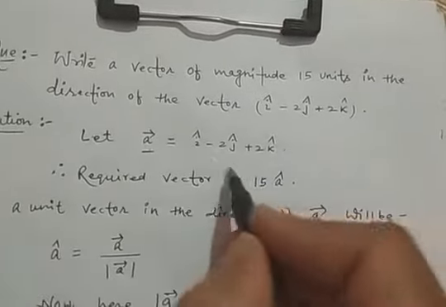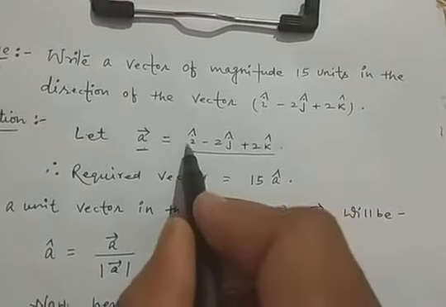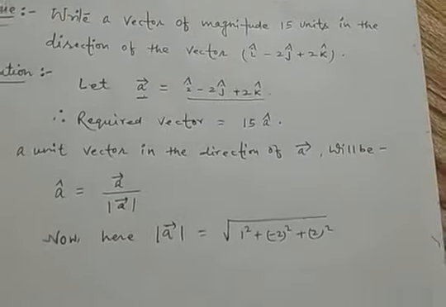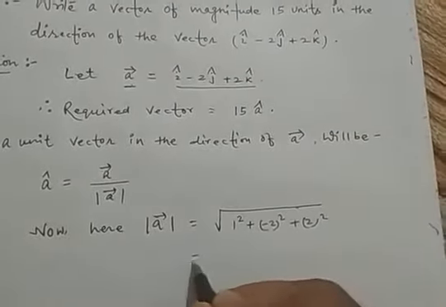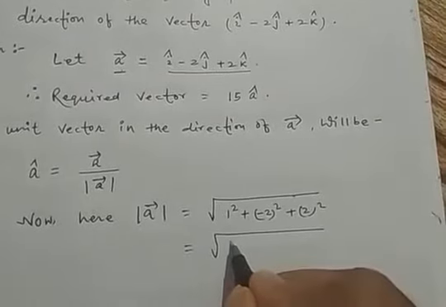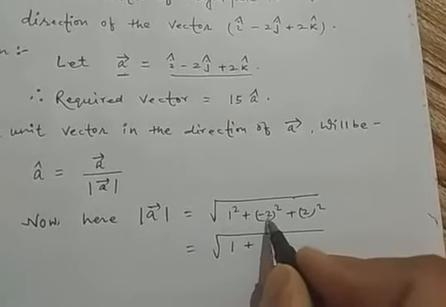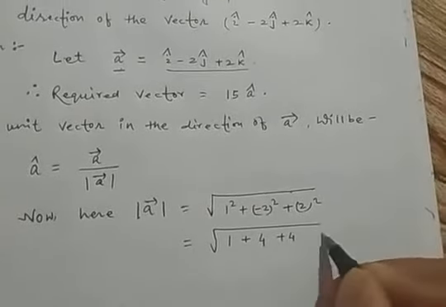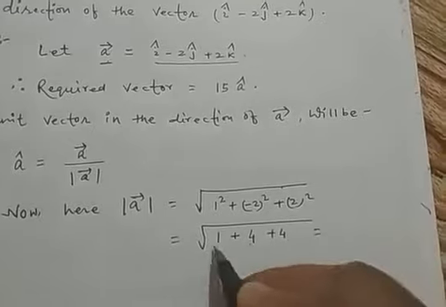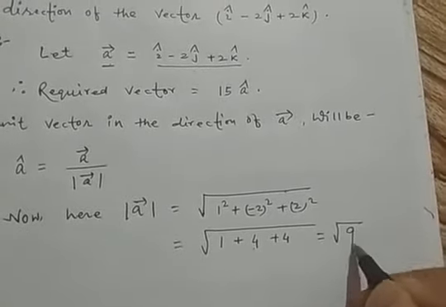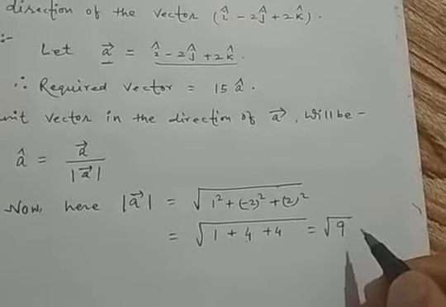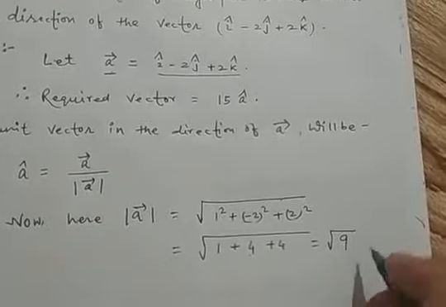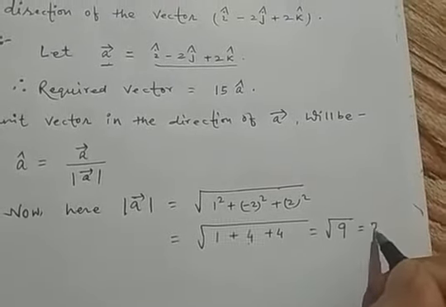From here, 1 square is 1, minus 2 whole square equal to 4, plus 2 square equal to 4. So 4 plus 4 is 8, plus 1 is 9, so under root 9 is equal to 3.